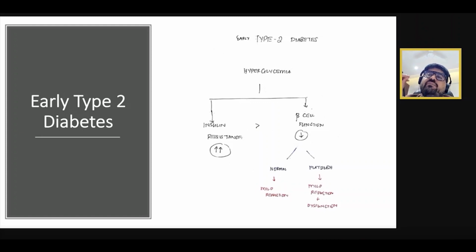As soon as your beta cell gives up and it is not able to match up for the insulin resistance, the patient develops diabetes. And this is exactly what happens in type 2 diabetes. So in type 2 diabetes, the insulin resistance is increased, but the beta cell function is not able to match up because of this. And because of this, they go into a situation called early type 2 diabetes.